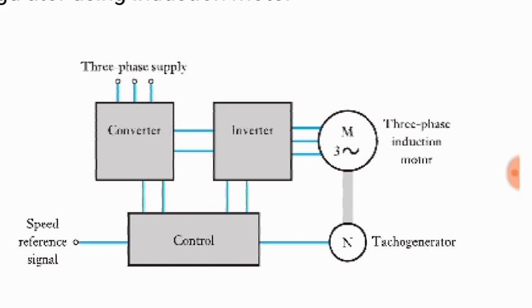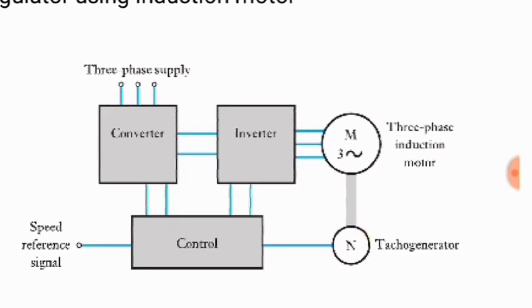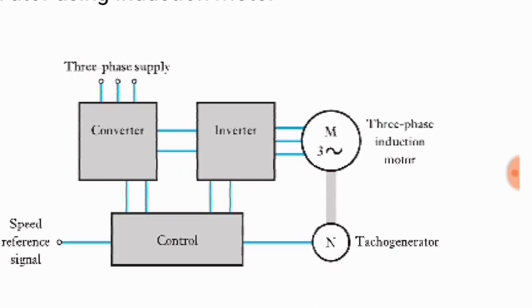The actual speed of the motor can be measured by using the tacho generator. So the tacho generator acts as a sensor which senses the actual speed of the motor, and the data is given to the control block. So what is the controller doing? The controller has a reference signal, and the actual speed is also measured by the controller. So the controller compares both of these signals.